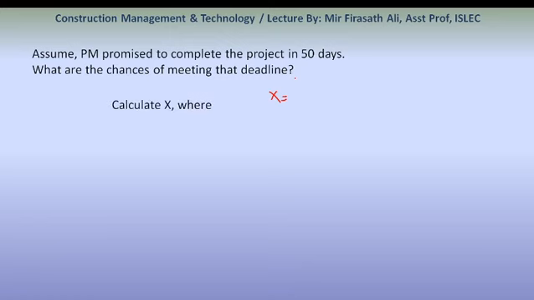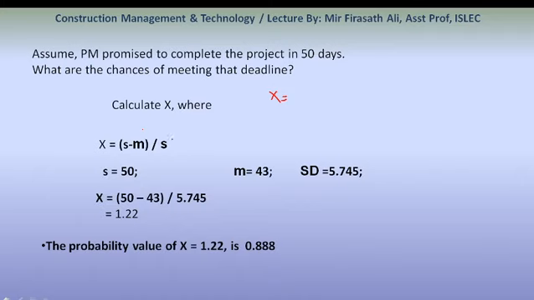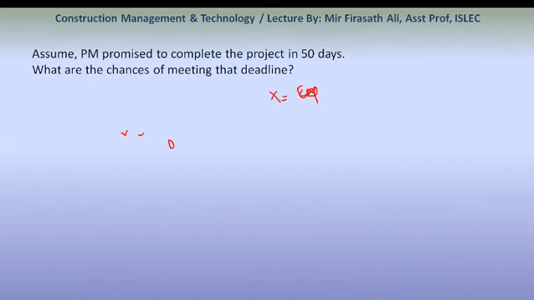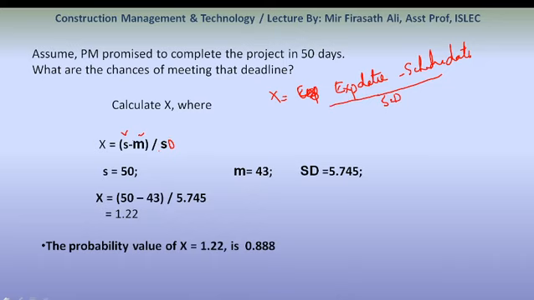So from that formula we get the value of x. The scheduled date is 50 days, and the expected date is 43 days, as we have seen in our previous slide.